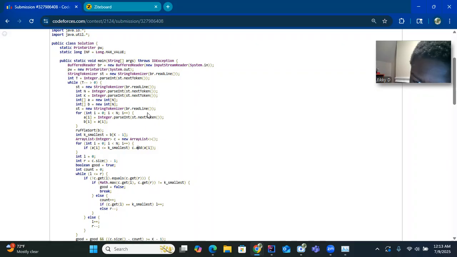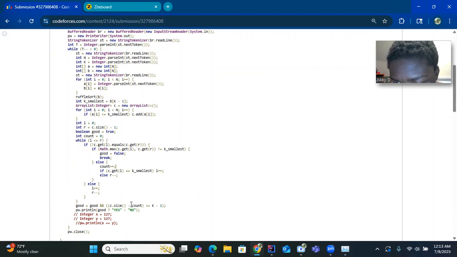If the ends don't agree, then we have to remove the max. If one of them is not the max that we have to remove, then it's impossible. Otherwise, we count, and the number of elements we have left must be at least k minus one. That's what this does. It's a solution.